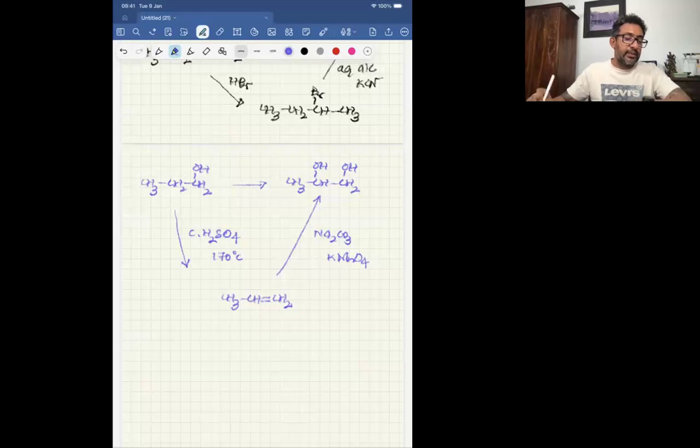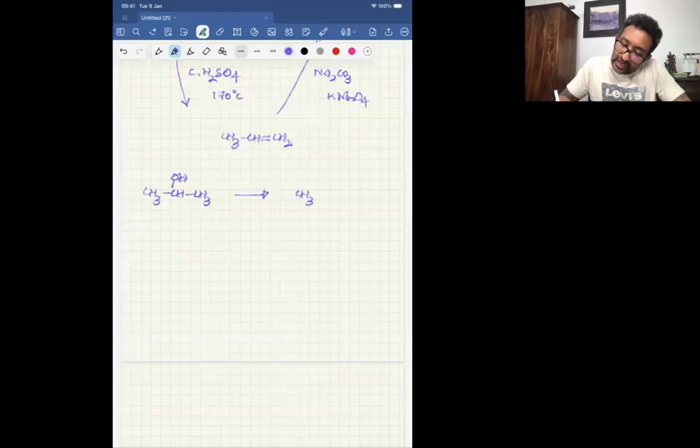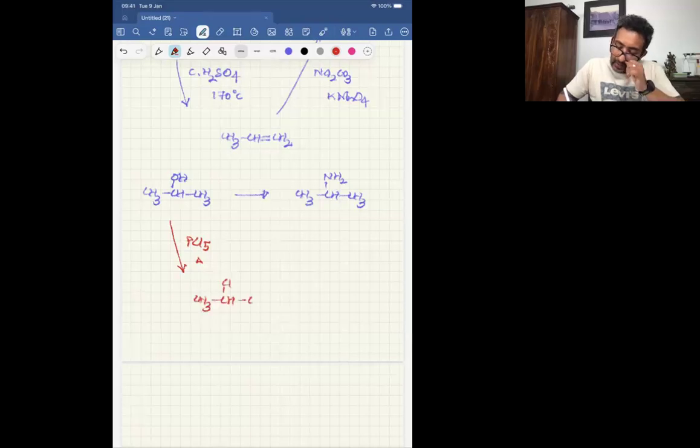Right, very good. It was the other one, right? OH to NH2. So how do you convert this OH to NH2, CH3 CHOH? And then this is CH3 and you want to convert it to NH2. CH3 CH and this is turned into NH2 and then CH3. React this with PCl5. Heat and then you get the chlorine, 2-chloro-propane.